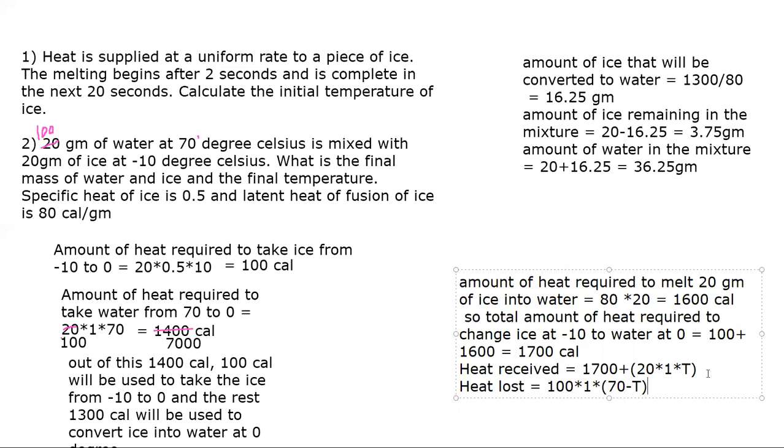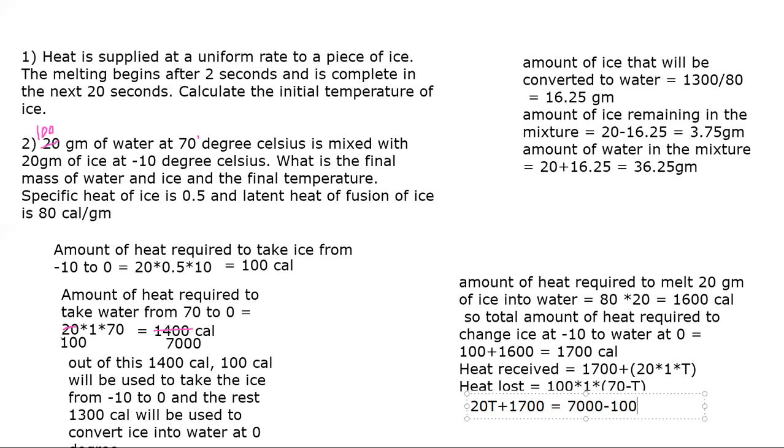So 20T plus 1700 will be equal to 7000 minus 100T.